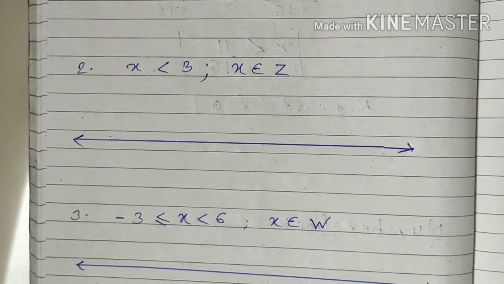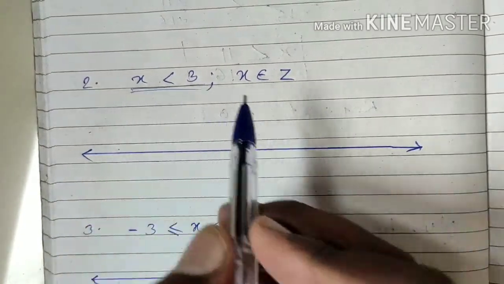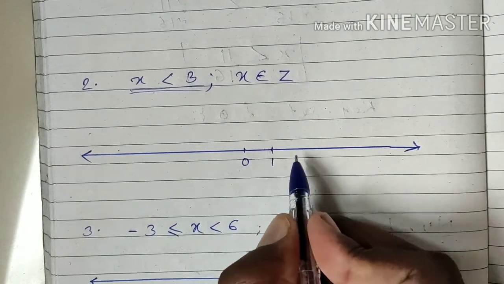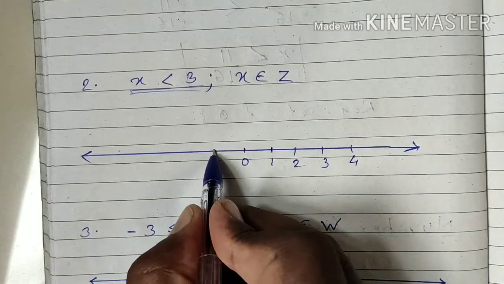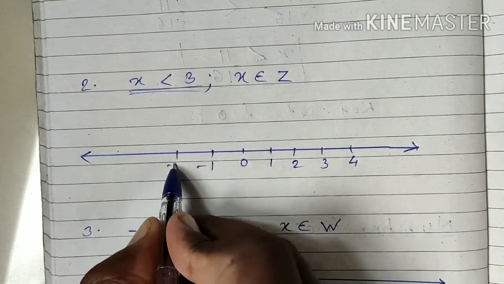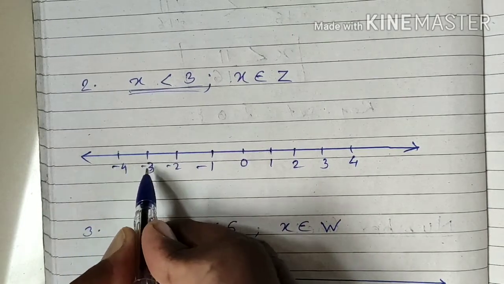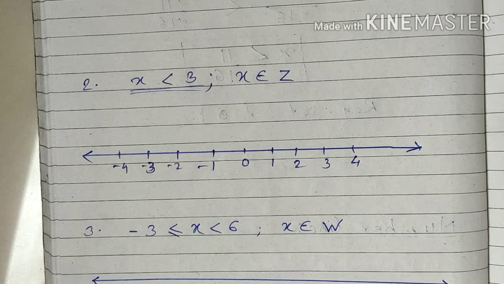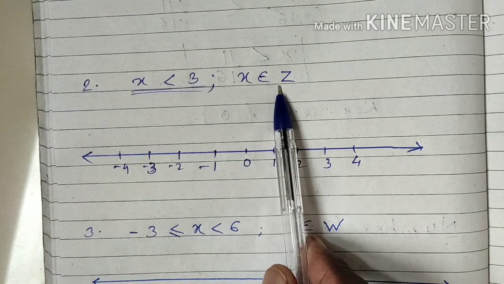Now the second example is here. Again, x is less than 3. 0, 1, 2, 3, 4, then here negative numbers, -1, -2, -3, -4. Now what do we want to do with this? We want to represent those numbers which are integers.